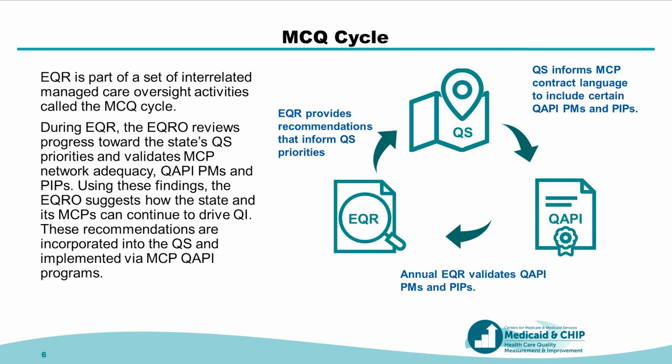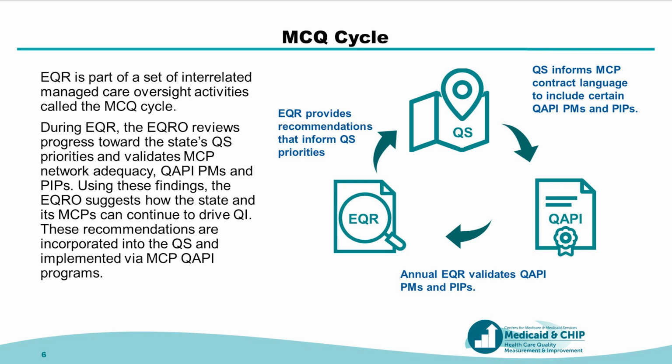EQR is part of a set of interrelated managed care oversight activities called the Managed Care Quality, or MCQ, cycle, shown here on the right. The Managed Care Quality cycle starts with a quality strategy, which details the state's quality improvement priorities and activities.